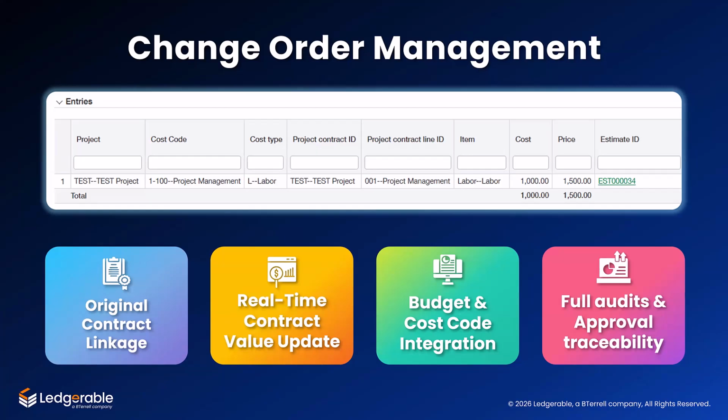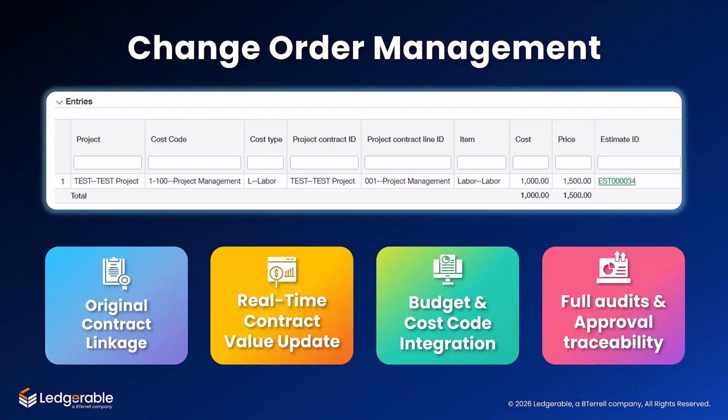So in Sage Intacct, change order management is built directly into the contract. Everything is tied back to the original contract, so you always have a clear view of how the contract has changed over time. Once the change order is approved, the system updates the contract value immediately, and you can see that in the example here.